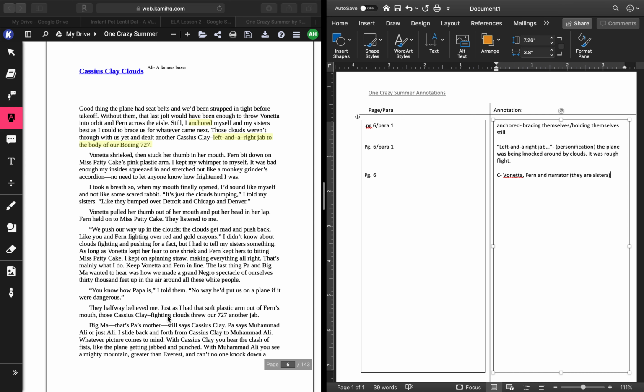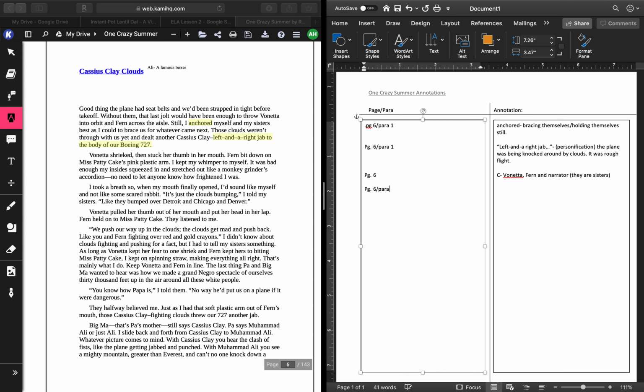I know that I see some actions here, right? Vonetta shrieked, then stuck her thumb in her mouth. Fern bit down on Miss Pattycake's plastic pink arm. We know that Miss Pattycake is not real. We know that Miss Pattycake is a doll. I think that's important. We don't want to confuse her with a character.